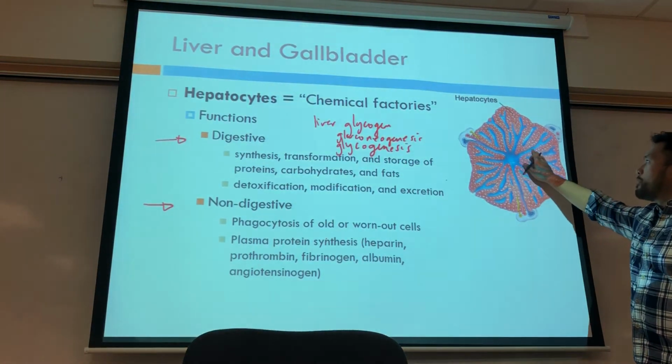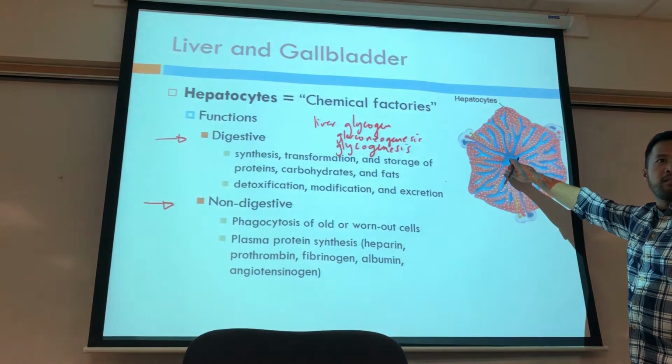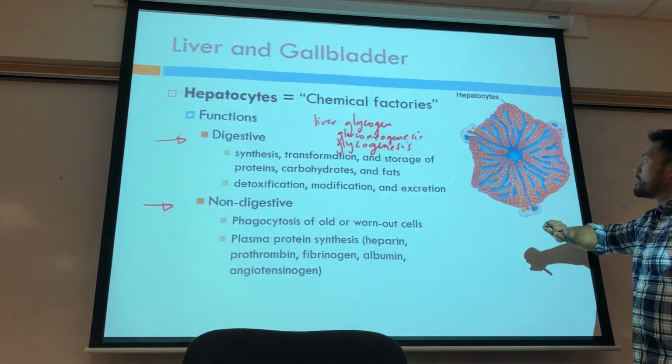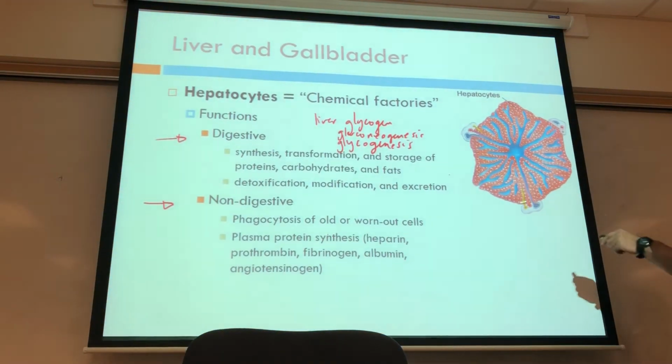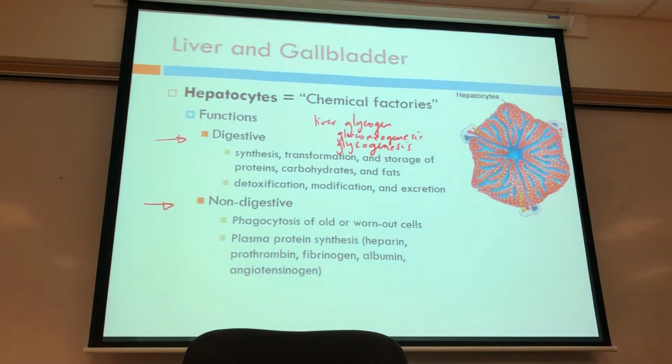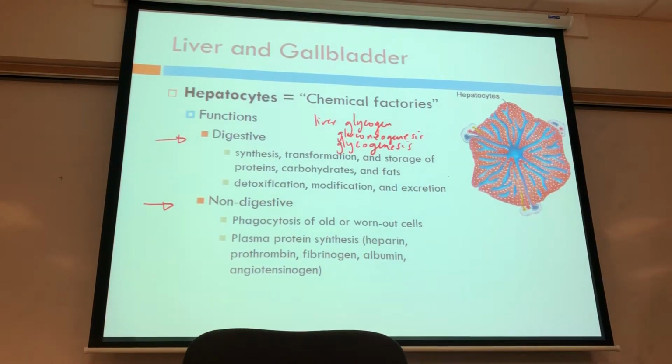And if that glucose will be returning back into the bloodstream, it'll make its way into the central vein. Otherwise, if we want to store that glucose, we can store it as glycogen within these hepatocytes. Not only can we store glycogen, we can store proteins, and we can also store fats as well.